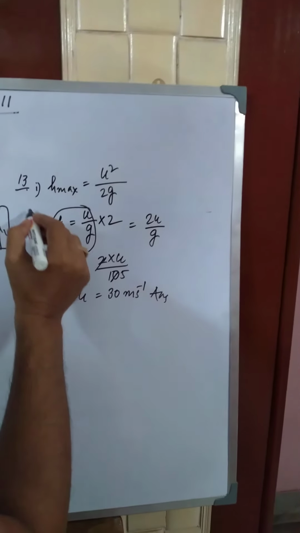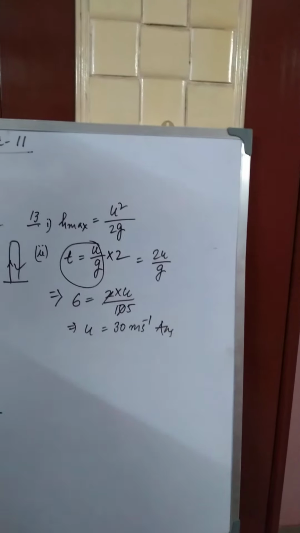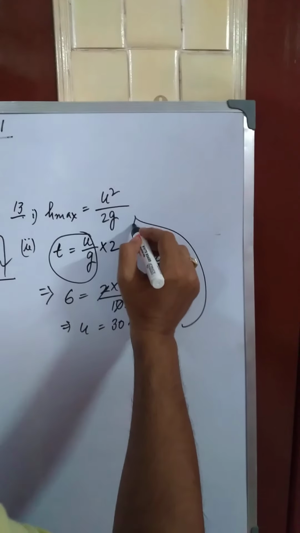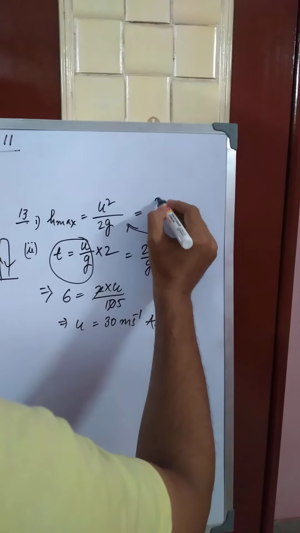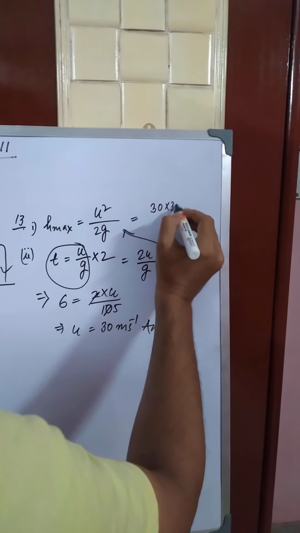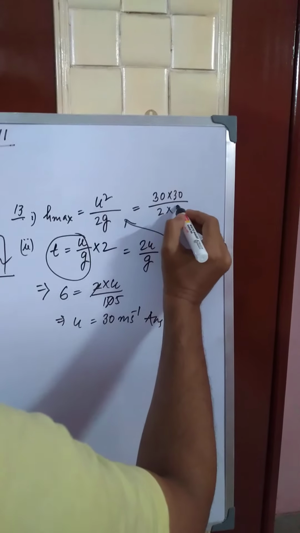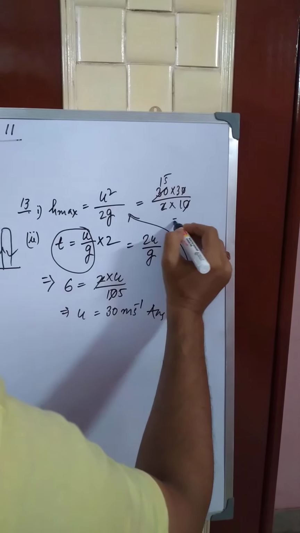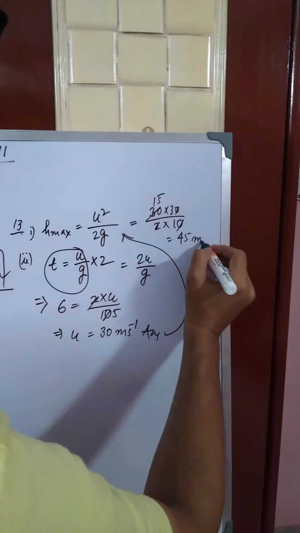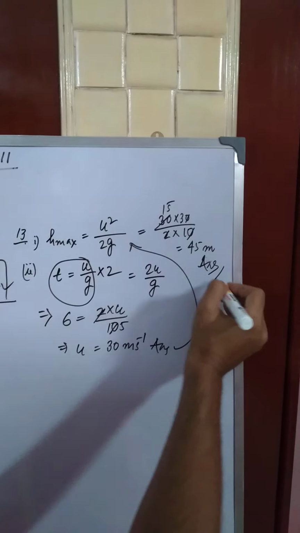And you can put the value of U here. So it comes 30 into 30 by 2 into 10. 15 3s are 45. So the maximum height attained by the ball is 45 meter.